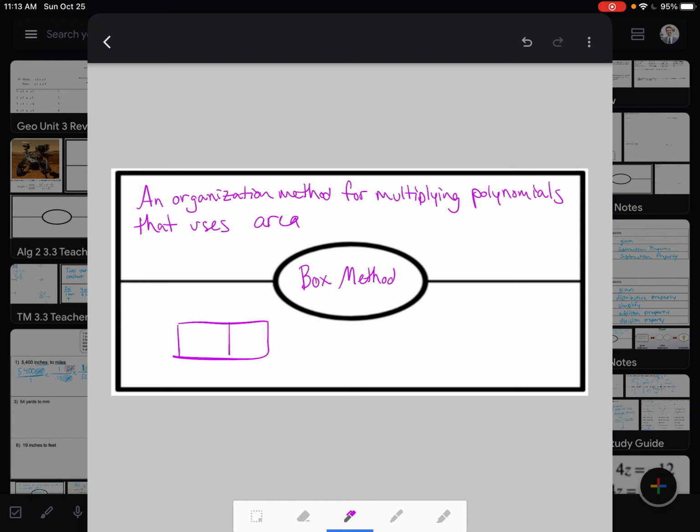So again, for example, we saw before that x times x plus 3 example. The way that we can go through and simplify this is, again, put those two lengths together on the top of your box. You can see what we're multiplying, and we put those together to finish.